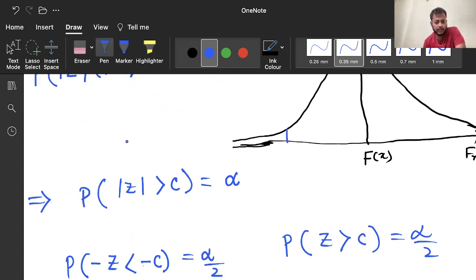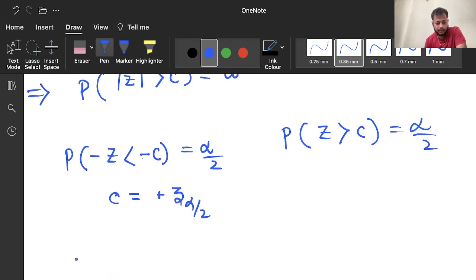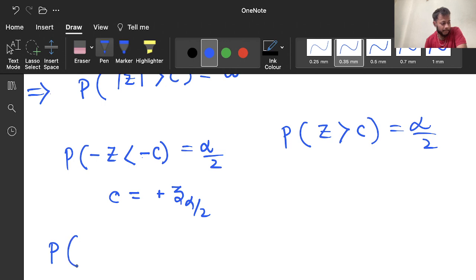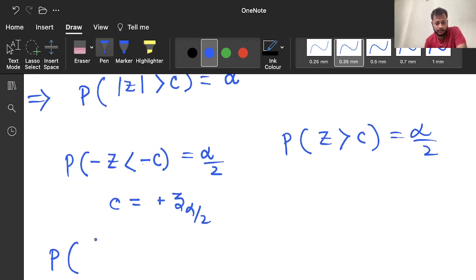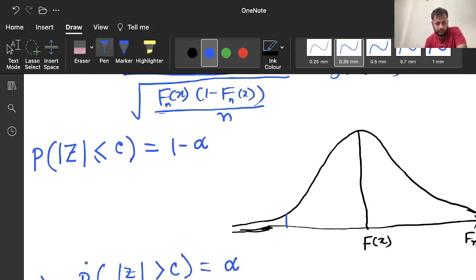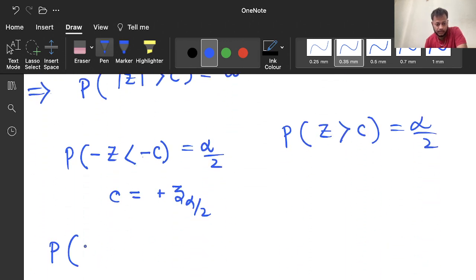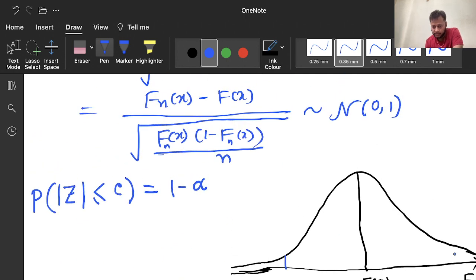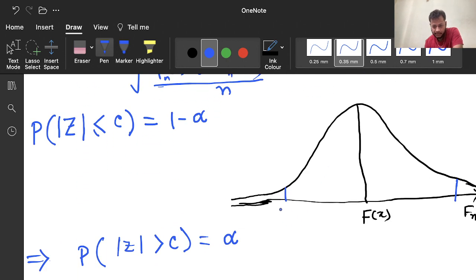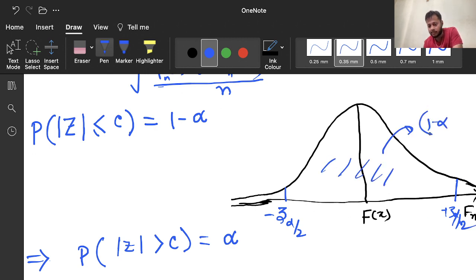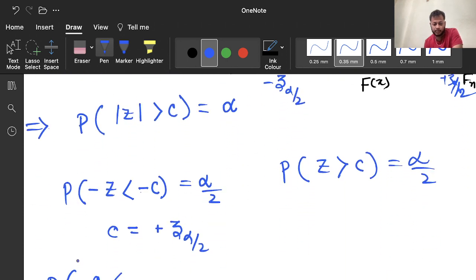So it means the probability that Z will remain inside this region, minus z alpha by 2 to plus z alpha by 2, is 1 minus alpha.